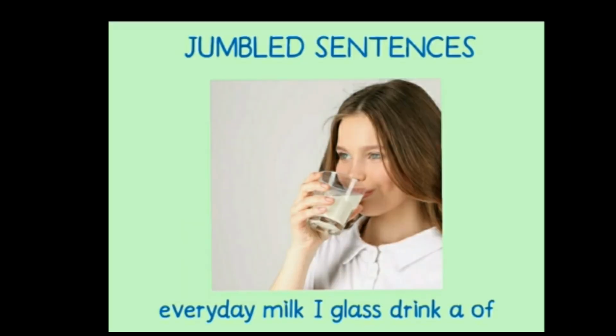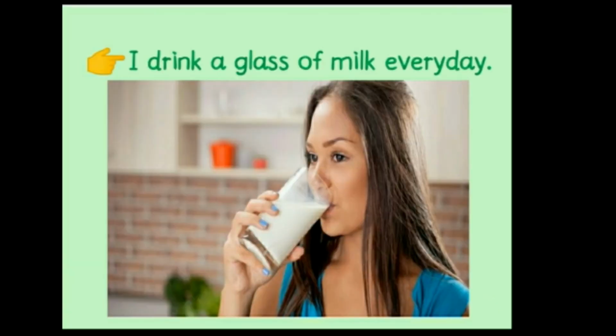And next, read the jumbled sentence. Every day, milk I glass a drink of. Look at the picture and correct the sentence. I drink a glass of milk every day.